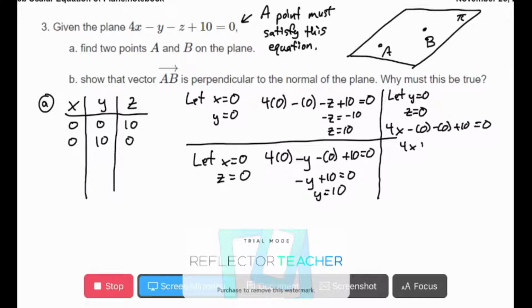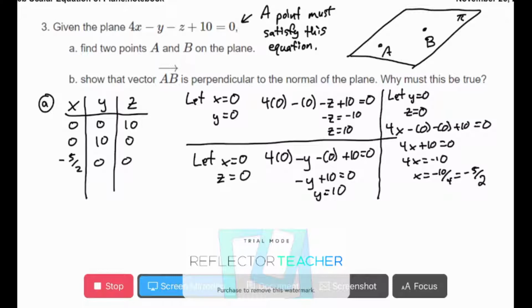So 4x plus 10 equals 0. 4x equals negative 10. X equals negative 10 over 4, or negative 5 over 2. So the point negative 5 over 2, 0, 0 also exists in our plane. We don't need it. The question only said to find 2, but we can also do that.